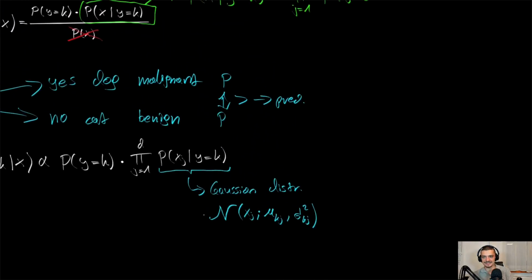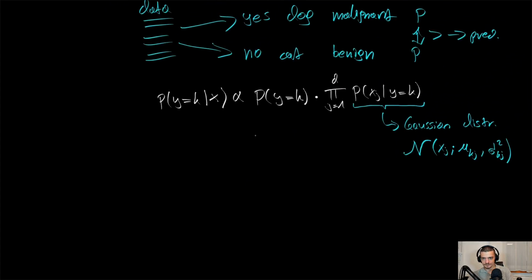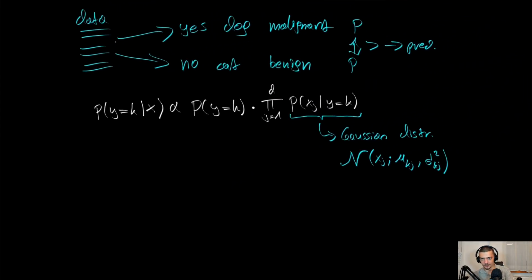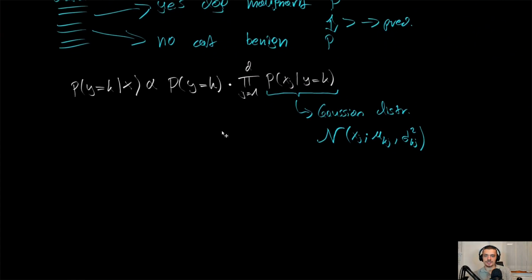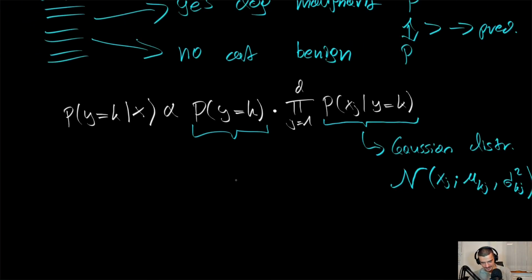So we base all of this on existing data. Think about it that way. We have our data set, and what we do is we just say, okay, the prior probability is how often does the class occur out of all the examples. So if I have 100 examples and 30 of them are class k, I have a 30% probability that this is going to be the class without data.